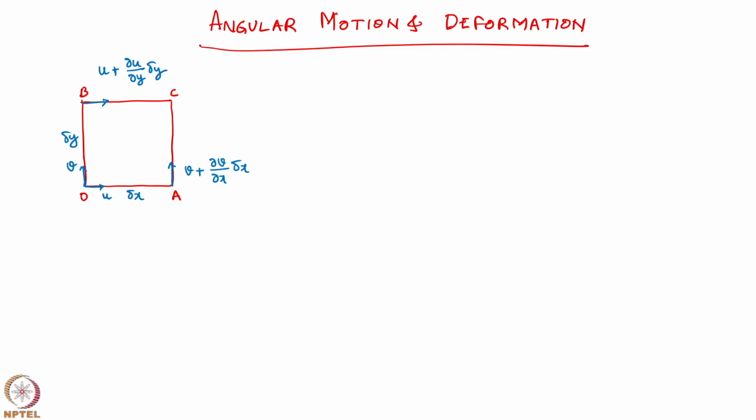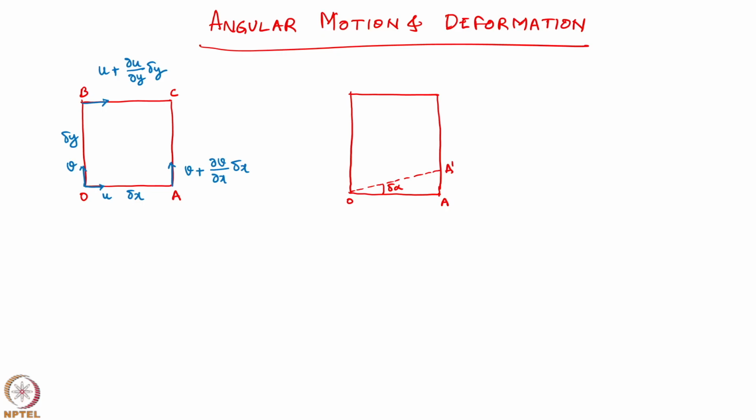Now what is the consequence of this? Like earlier, the consequence here is that it is going to undergo angular deformation or rotation. The particle OA has rotated by an angle delta alpha and reached position A prime.